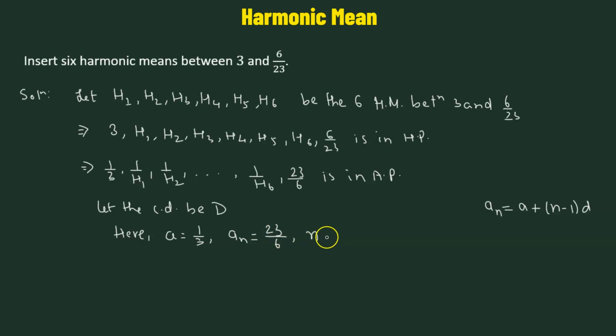And here n is the total number of terms: 6 means have been inserted between the two numbers, and including the two numbers at the extreme points, we have a total of 8 terms. So an, which is 23 over 6, equals the first term plus 8 minus 1 times the common difference, which we have considered to be capital D.